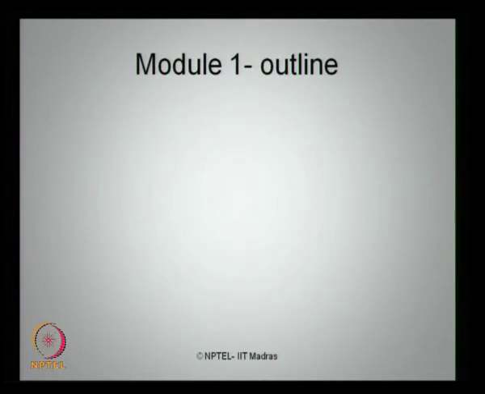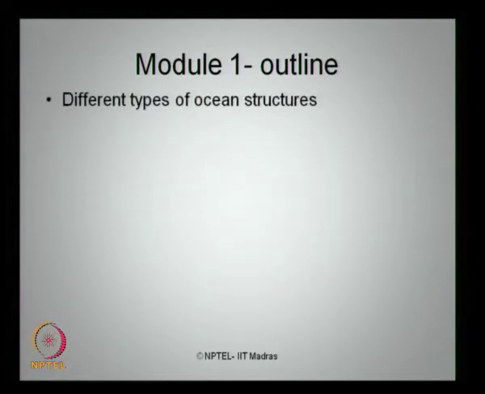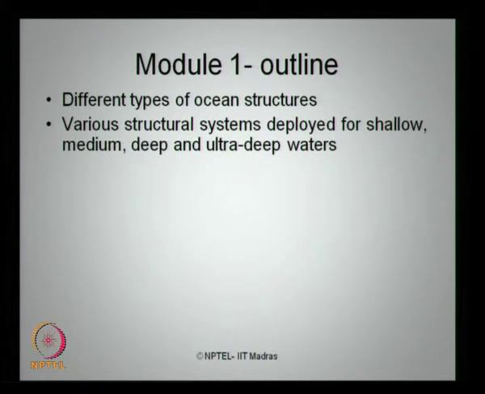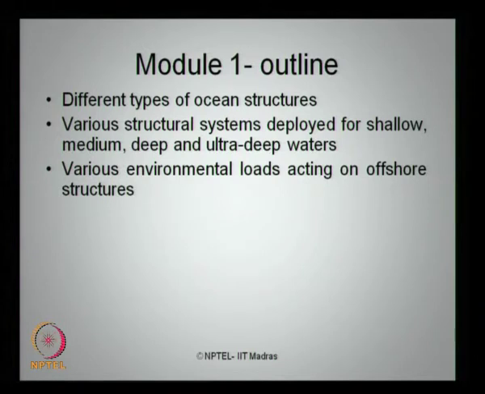For the benefit of viewers, let us quickly and briefly review what we have discussed in module 1. We discussed different types of ocean structures. We also discussed in detail various types of structural systems that are deployed for shallow water, medium, deep water and ultra deep waters. We discussed various environmental loads that are acting on offshore structures, how to compute them, and what the different wave theories are which are relevant to be used for computing these forces acting on different members of offshore structures.